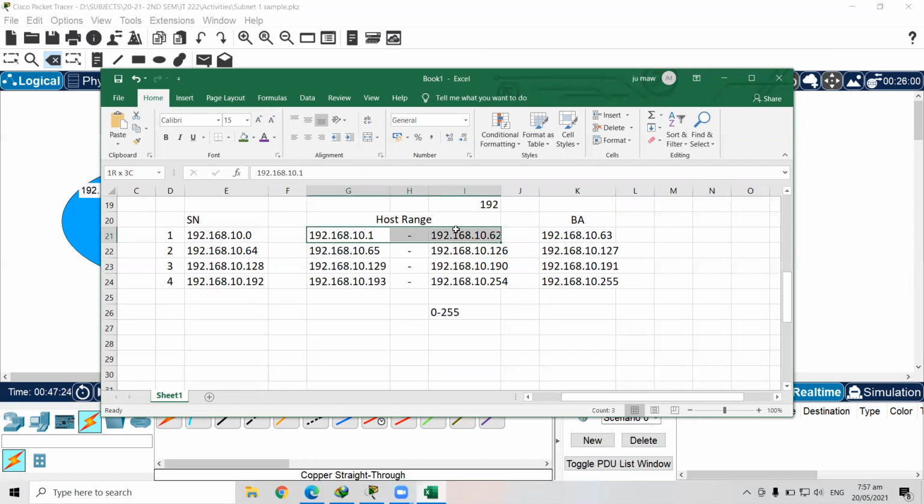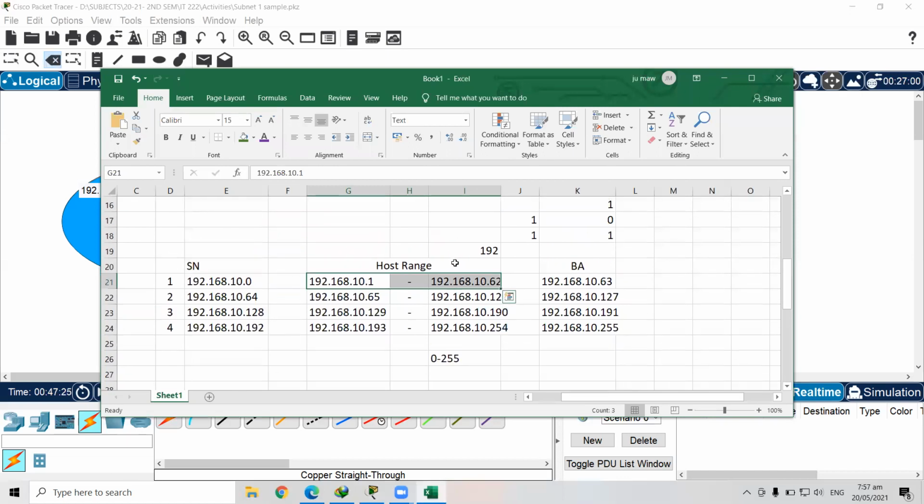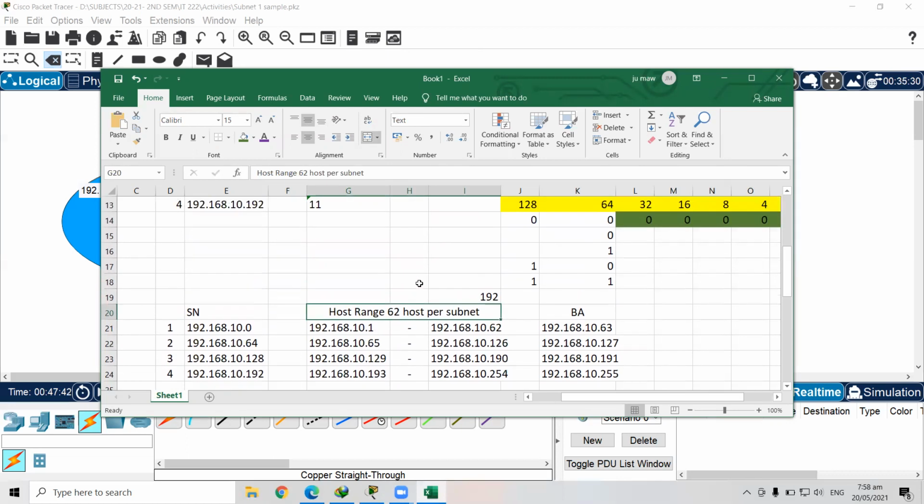Kung bibilangin mo yan, ilang host kaya yan? That is now 62 hosts per subnet, 1 hanggang 62, dot 65 hanggang dot 128. Okay, 62 hosts per subnet.